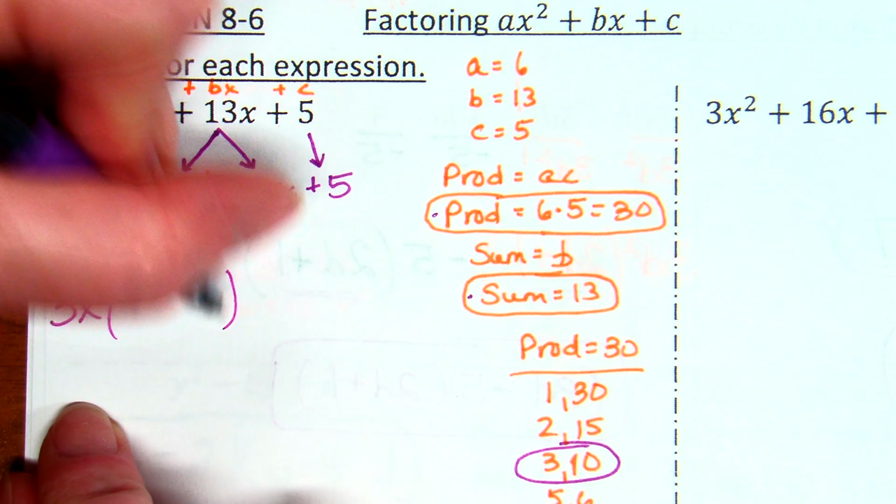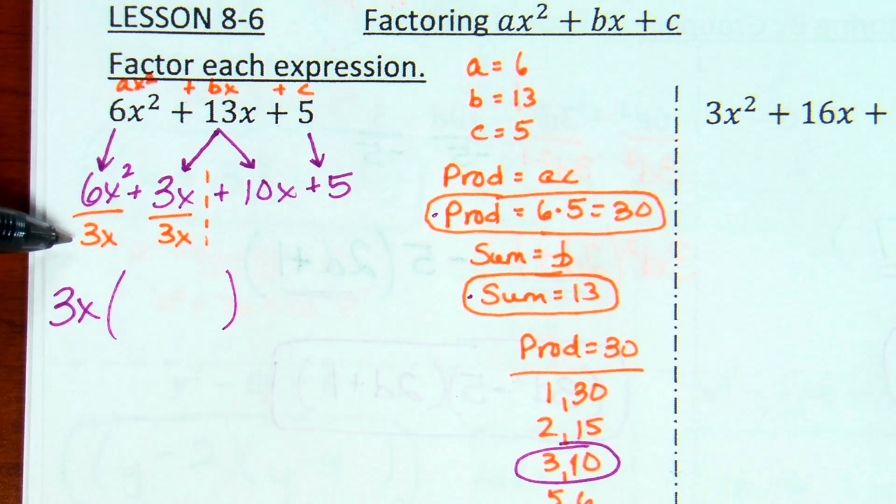And then you're going to have parentheses. 6x squared divided by 3x. So 6 divided by 3 is 2. X squared divided by x, 2 minus 1 is 1, right? So we're going to have 2x to the first, or in other words, 2x.